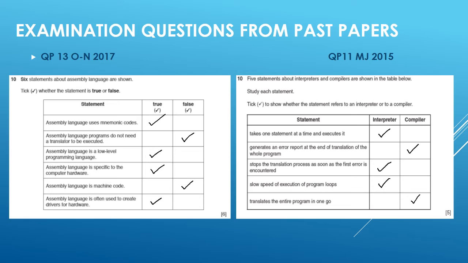And sometimes there is one mistake that is causing multiple errors. So in compiler, when the compiler translates the whole source code at once, if you rectify one error, maybe the multiple errors are fixed. And the last statement is translates the entire program in one go. For sure, that is yes, compiler.